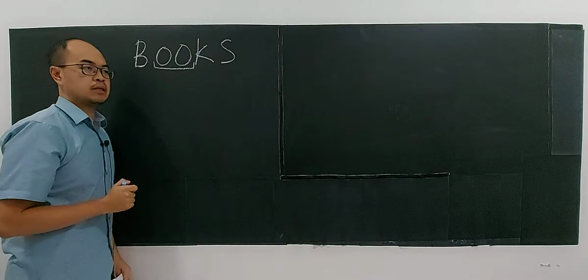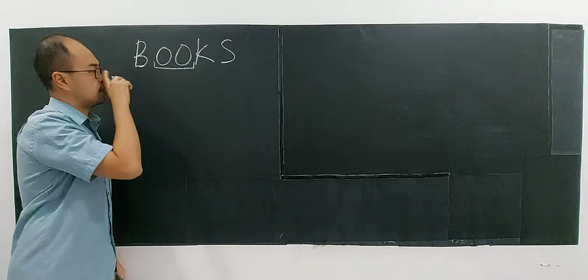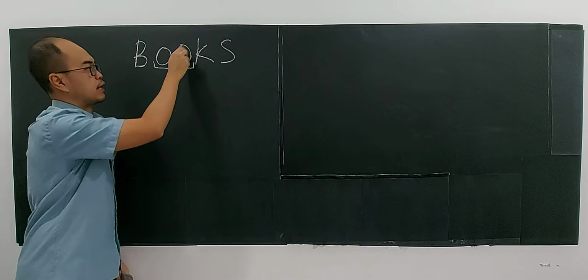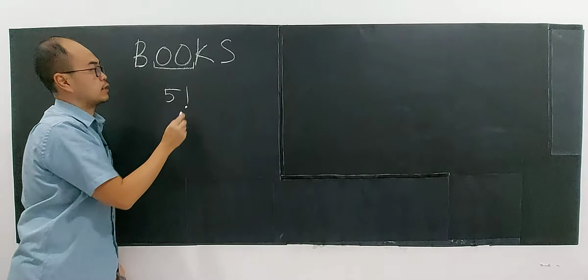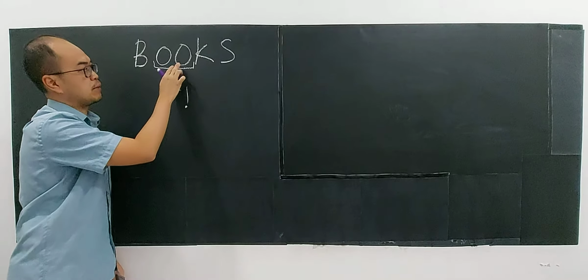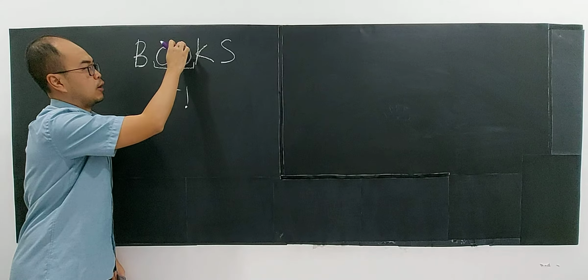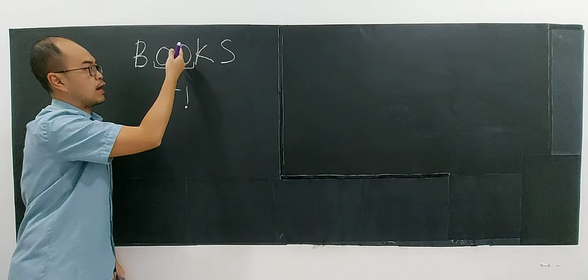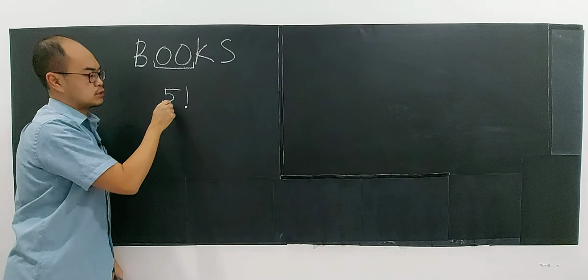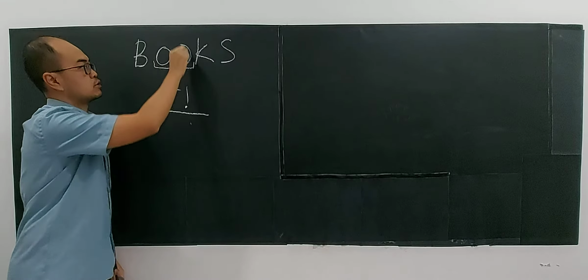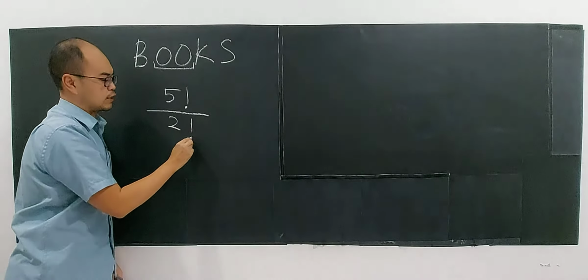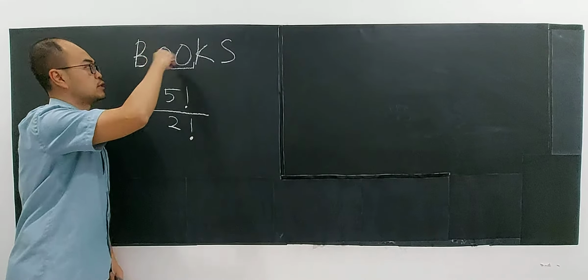So when we arrange, we need to divide by the arrangement of these identical objects, because we may have overcounted. If all 5 letters were different, say the O became N or M or any letter not here, it would be 5 factorial. But because this O is repeated twice, I divide by 2 factorial, the arrangement of these objects.